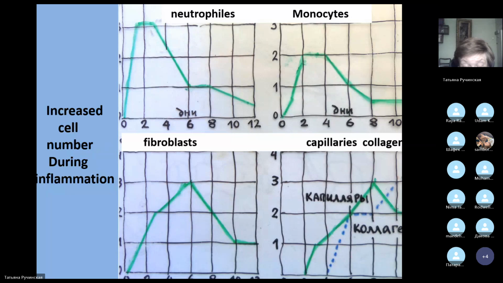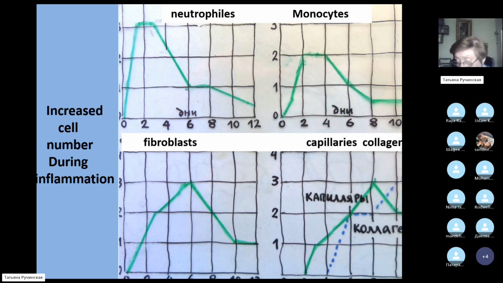Next will be fibroblasts, in the left lower corner. You know that the wound in acute inflammation will be restored from the periphery to the center of the wound.